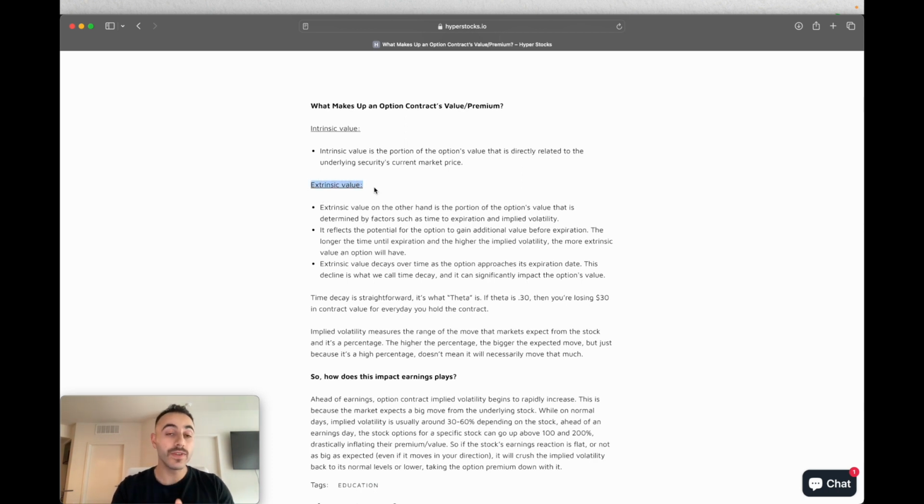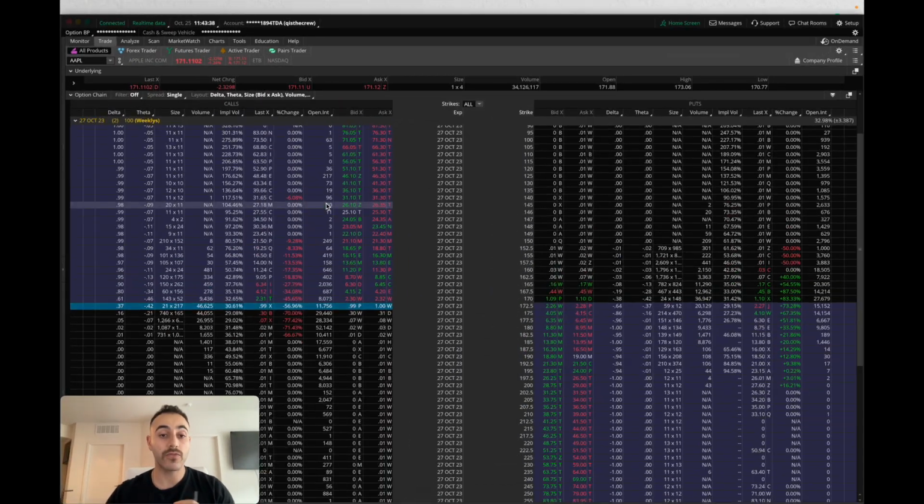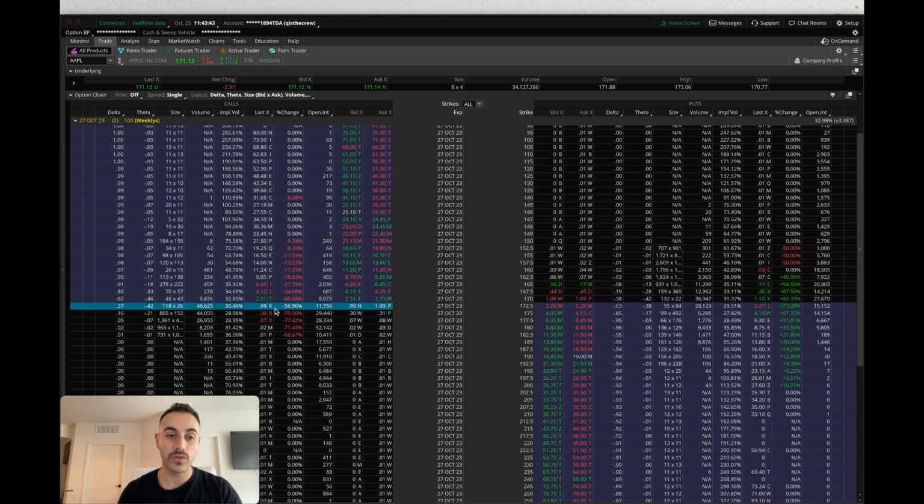Now, the reason why contracts closer to expiration move a lot faster is because the extrinsic value has been pretty much drained from them, and all that's left is going to be the intrinsic value. So the option for the stock will move very tightly with the underlying stock's move, which is what makes 0 days till expiration or 1 day till expiration options so popular amongst traders.